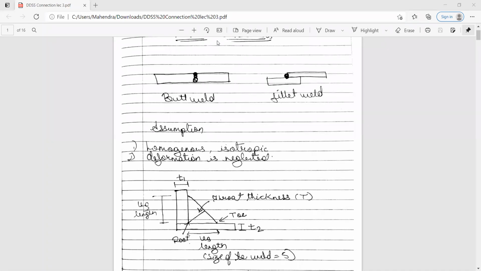And slightly increase your speed. Draw this diagram fast and note down all the things. Then we will proceed further. And all of you are requested to join on time. Those who are joining late, please join on time.